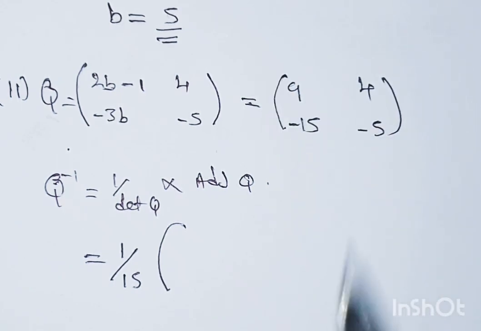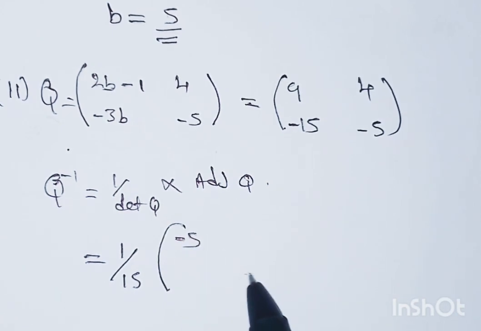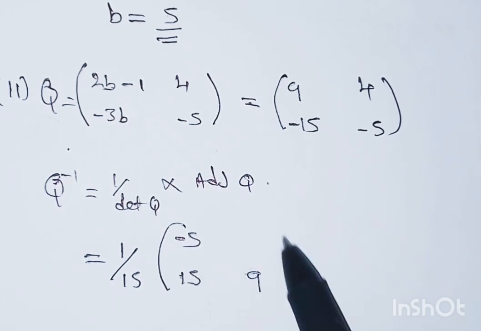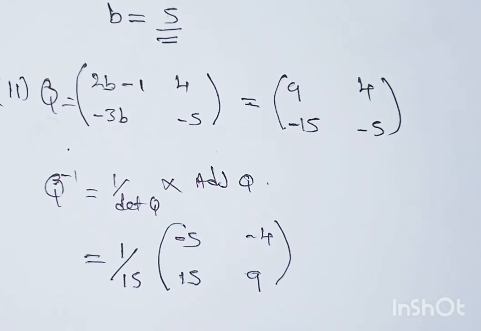So here we are going to have negative 5, then a 9 down there. Then here you're going to have positive 15 because the sign has to change. Then you have negative 4. Now you can multiply everything in here to get your answer, or you can leave your answer like that.